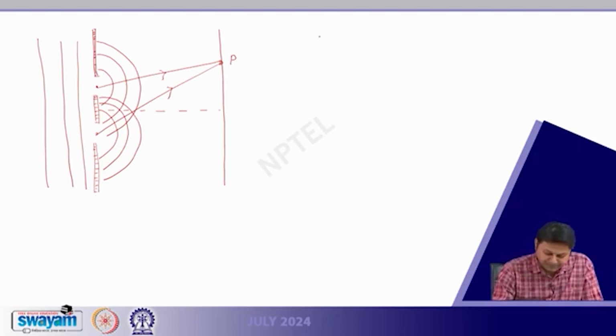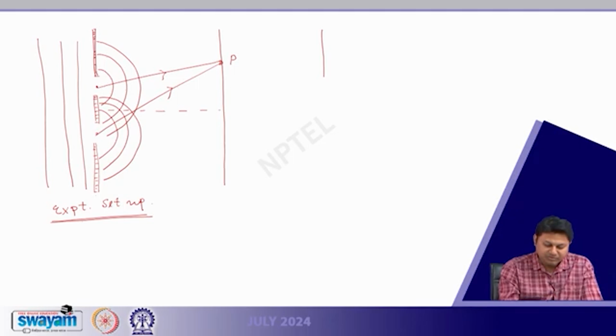Let us now draw the setup again. This is the experimental setup, a schematic diagram to show how this experiment is happening. We have a light source, and then we place this aperture, the double slit, and then at some point we will see some distribution.